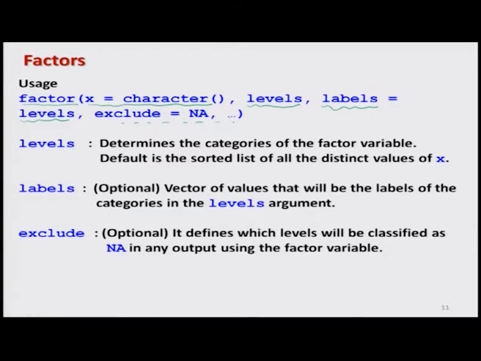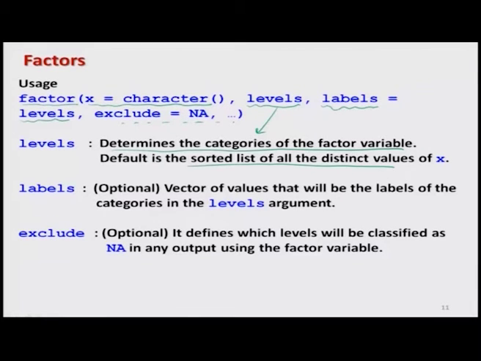So, the levels that we have given here determine the categories of the factor variable, and the default value is the sorted list of all the distinct values in x.